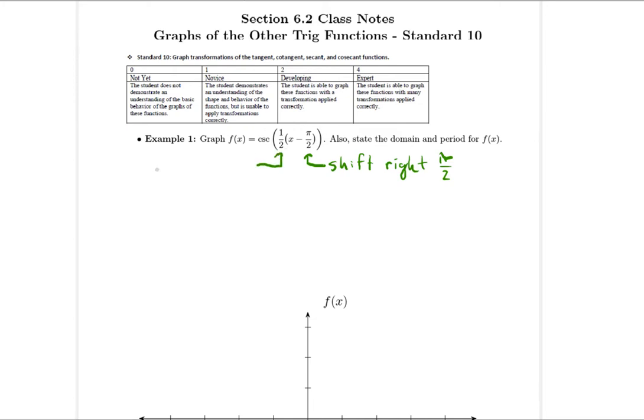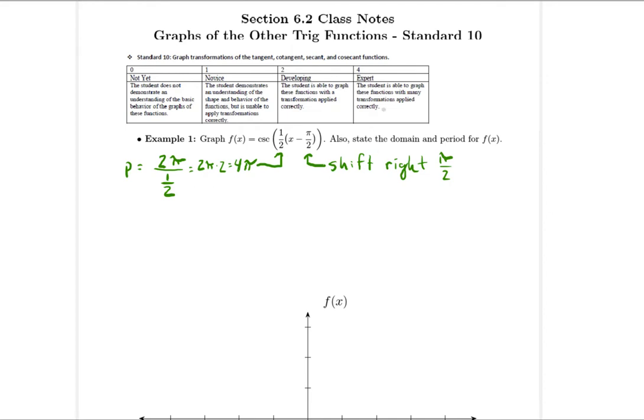So that tells us that the period is equal to 2 pi divided by 1/2, which is equal to 2 pi times 2. So we have a period of 4 pi, okay? So that informs us on what we can do to graph this thing.